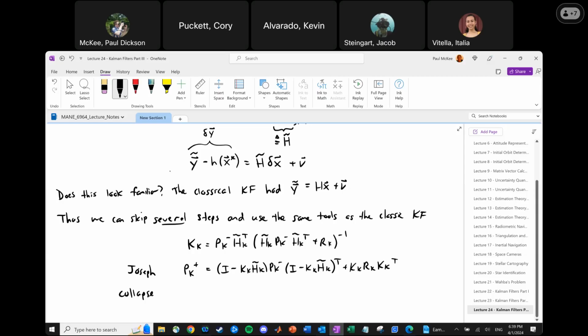I prefer the collapsed form, which looks like Pk plus is equal to I minus K Hk Pk minus, and we just stop right there. But all of this is where Hk is obtained by linearizing.